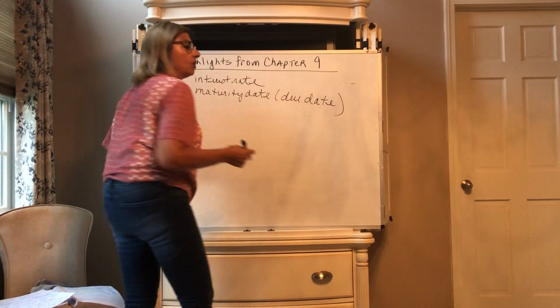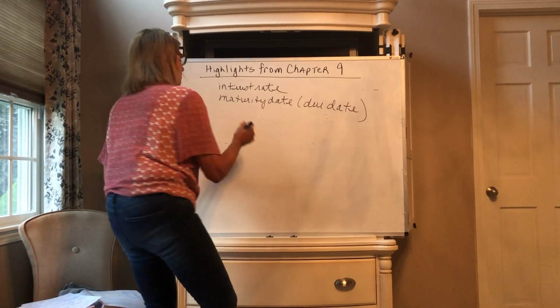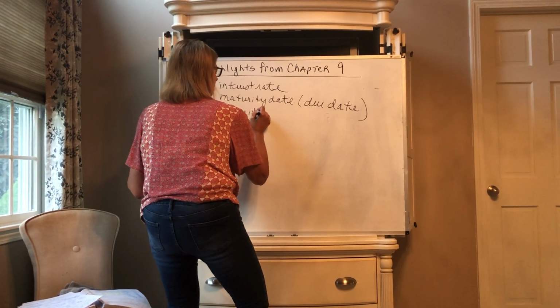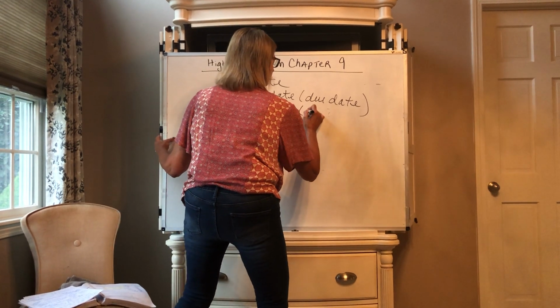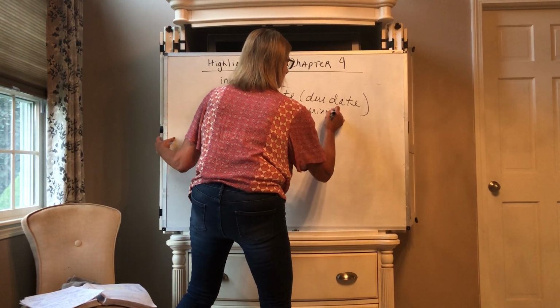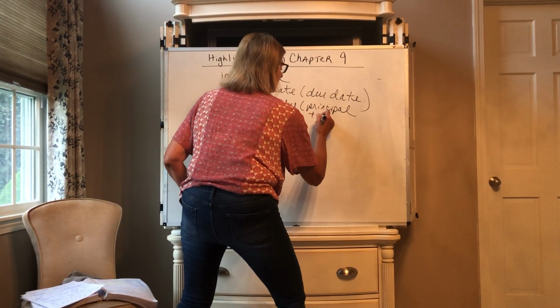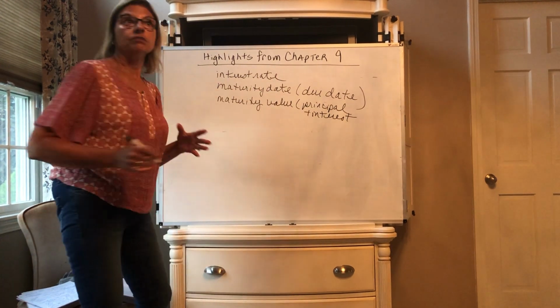When are the people or businesses going to pay you back? And you also need to know the maturity value. How much are you going to get? And the maturity value equals principal plus interest. The principal is the amount borrowed, plus whatever interest is going to happen in the time period of the loan.